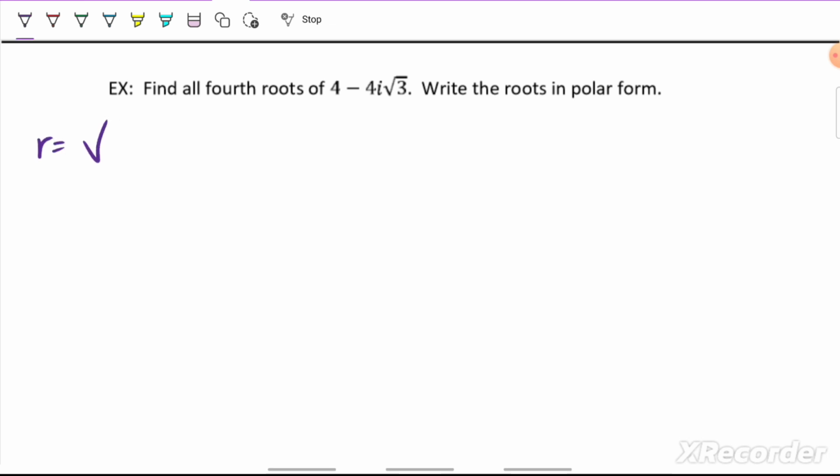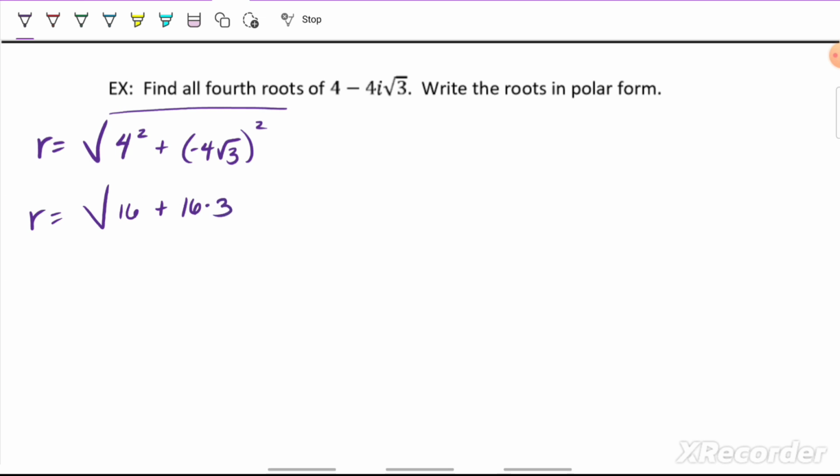Square root of x squared plus y squared. So that'll be the square root of 4 squared plus a negative 4 square root of 3 squared. So it'll be 16 plus 16 times 3. R is the square root of 64, which is 8.